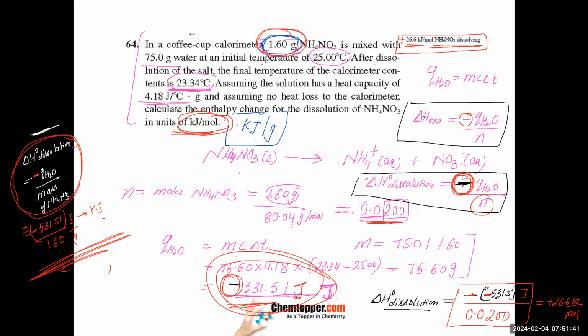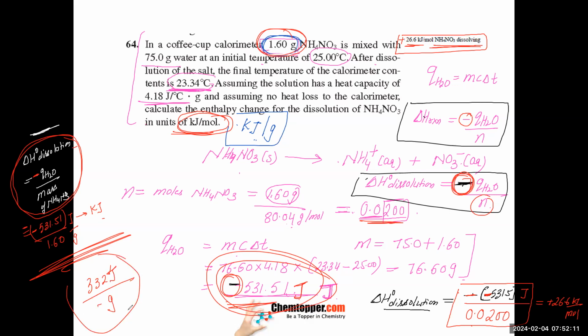You have to show the work. You can practice more such questions on the website and in the book which I'm sharing. So the answer given is 332, but that is in joules per gram.